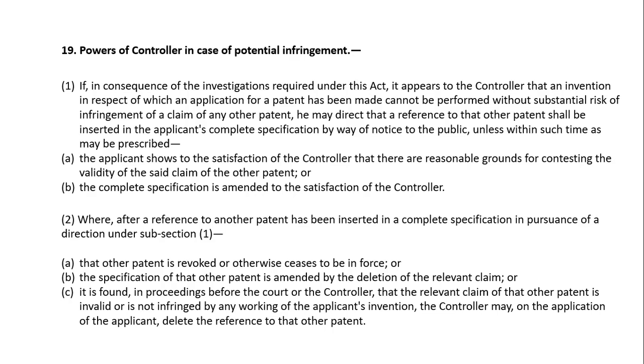You have to mention its reference number in your application, that this particular application is already published or granted, right? The claims of this application are different from my claims. So you have to make reasonable grounds for contesting the validity of the claim. At that time the chance of infringement of your application is substantially low. Okay, hope you understand this point.